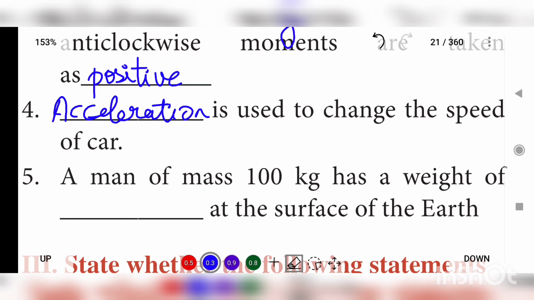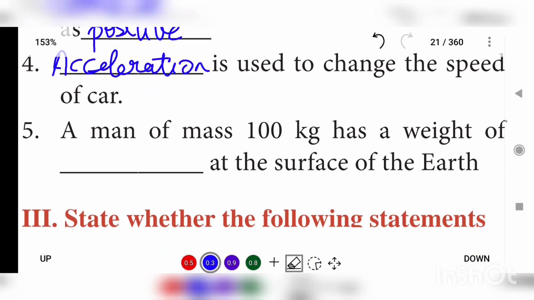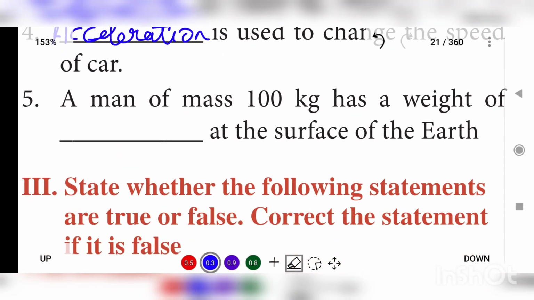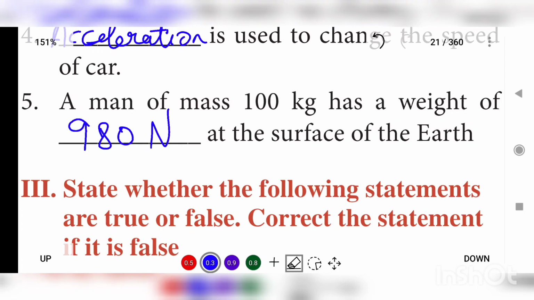Answer: acceleration is used to change the speed of a car. Fifth one, a man of mass 100 kg has a weight of dash at the surface of the earth. Answer: a man of mass 100 kg has a weight of 980 N at the surface of the earth.